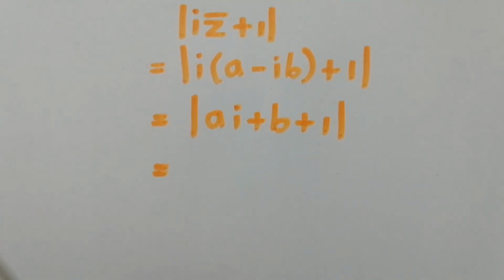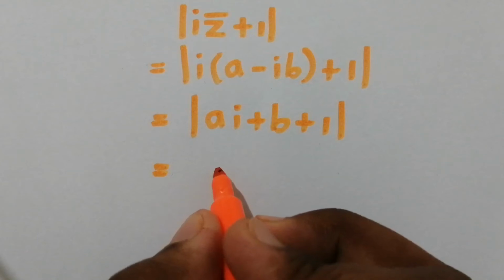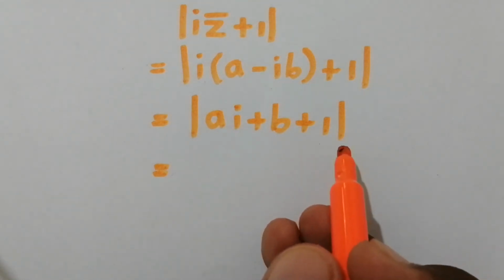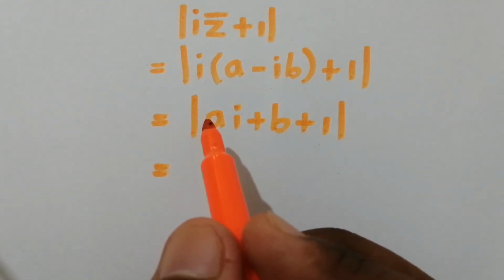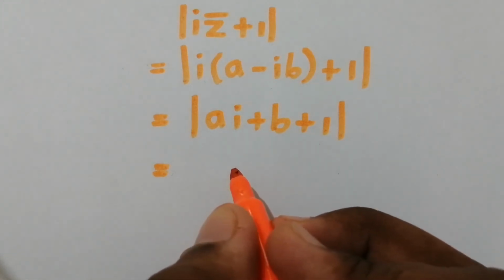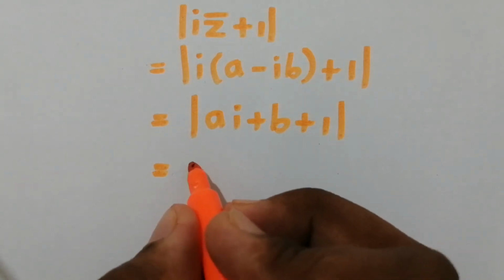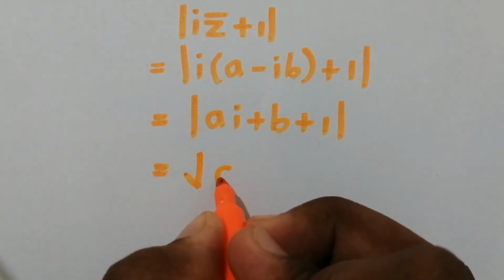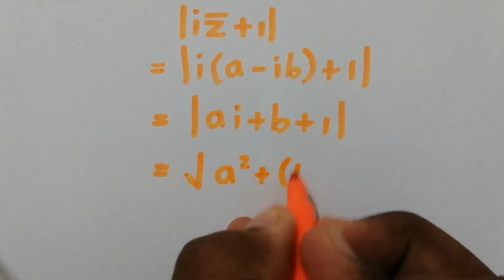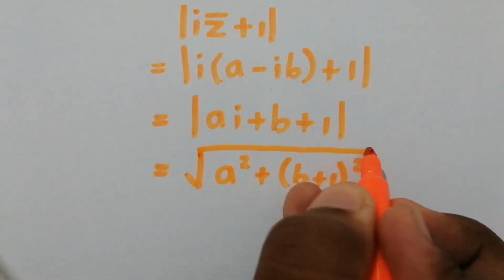Then you know the modulus value is the square root of the squares of the real part and the imaginary part. We should add the squares of the real part and the imaginary part. Then we should take the square root of it. Then it will be like this.